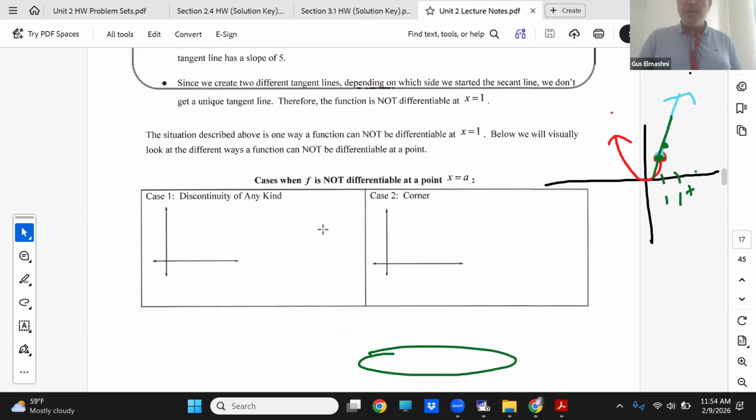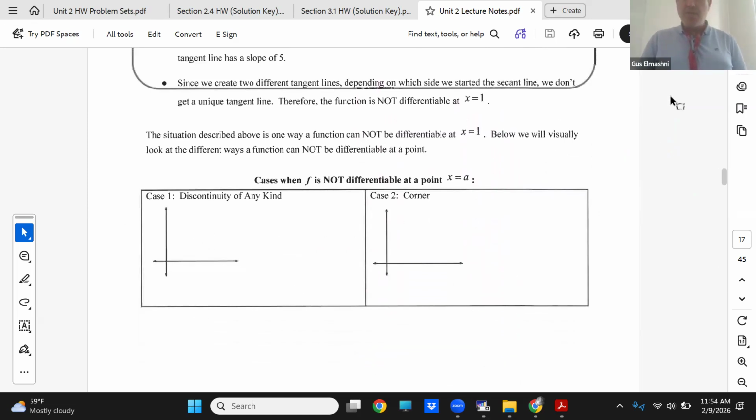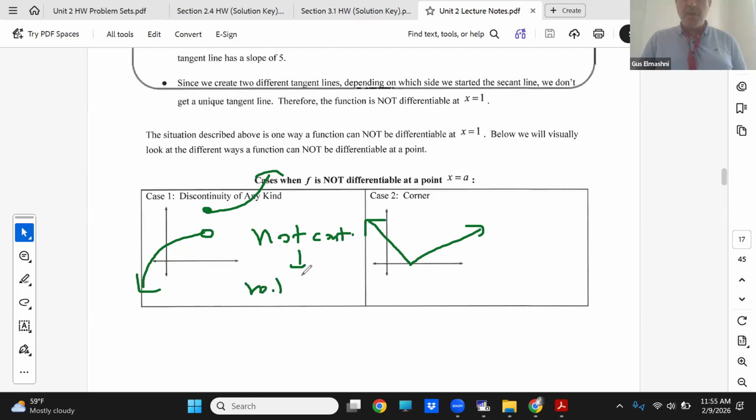So there are ways we could classify this. Any discontinuity, corners, and what's happening here is, if you're not continuous, you're not differentiable.